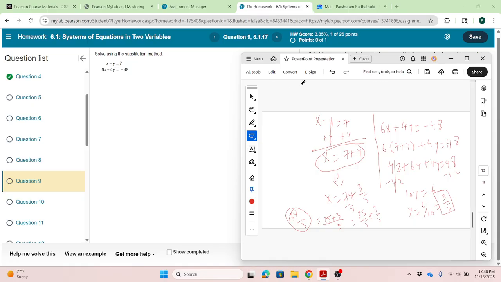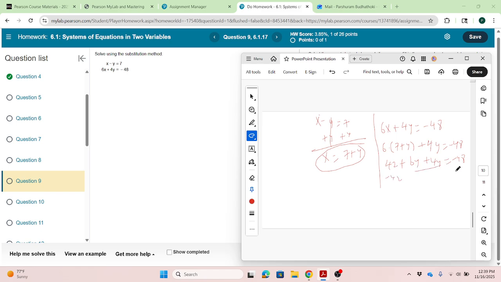Because of that, I did the wrong calculation here. So I'm going to fix it by erasing all the work. My work was wrong. So 6 times (7 plus y), plus 4y equals negative 48, not positive 48. So distribute 6: 42 plus 6y plus 4y equals negative 48, and this is 10y.